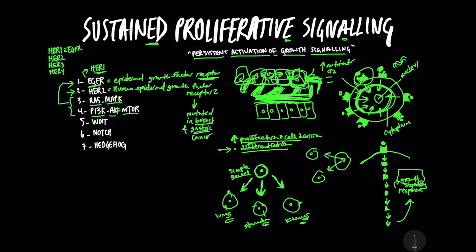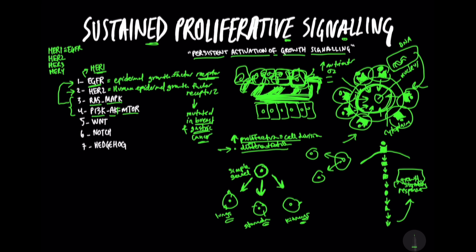Breast and gastric cancer very often have this HER2 mutation. Again, they are either overexpressed, so we have too many of these on the cell surface, or they have a mutation, a little bit of a difference that makes them different from the normal. These differences occur at the level of our DNA, and that translates to differences in the proteins that make up these receptors. So these receptors are proteins.